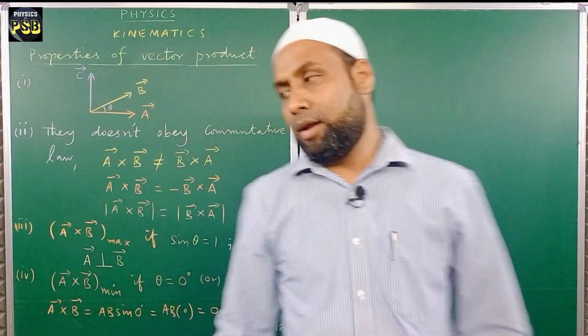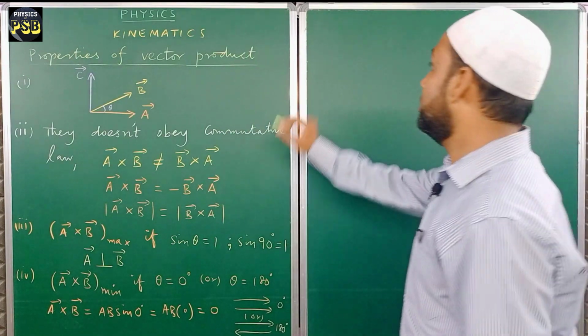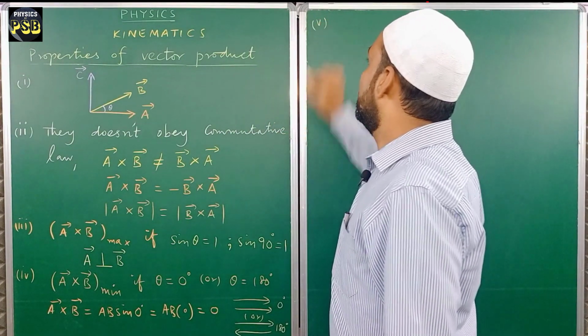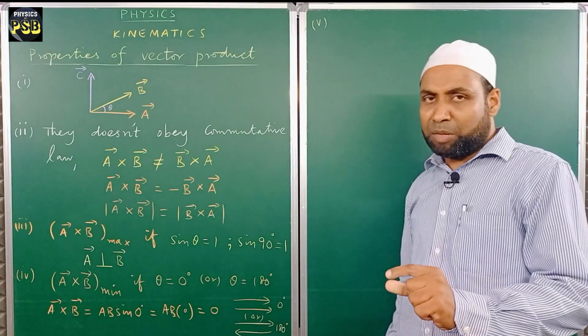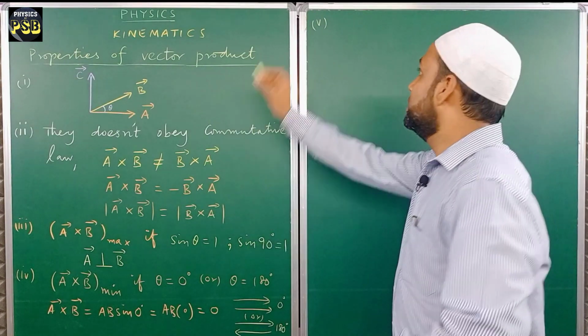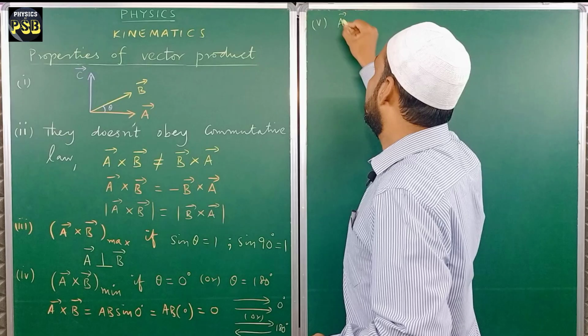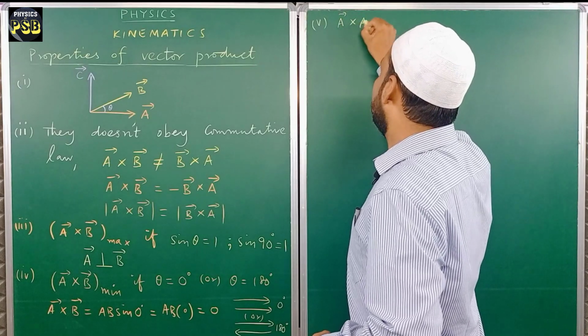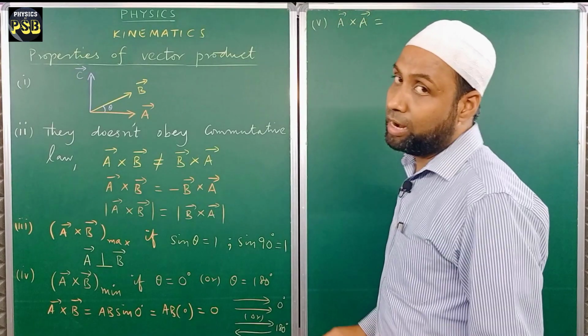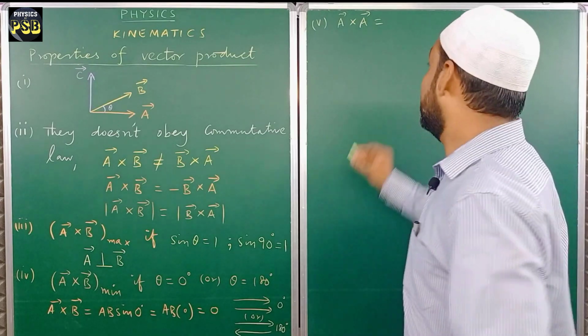Okay. Next, let's find out what happens when a vector is multiplied with itself. Suppose I have vector A. If I multiply it with itself, then what value will I get? Let's find out.